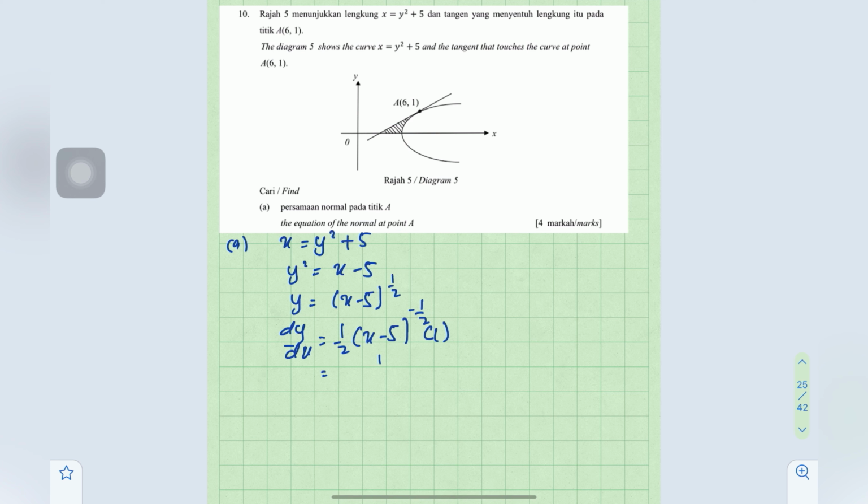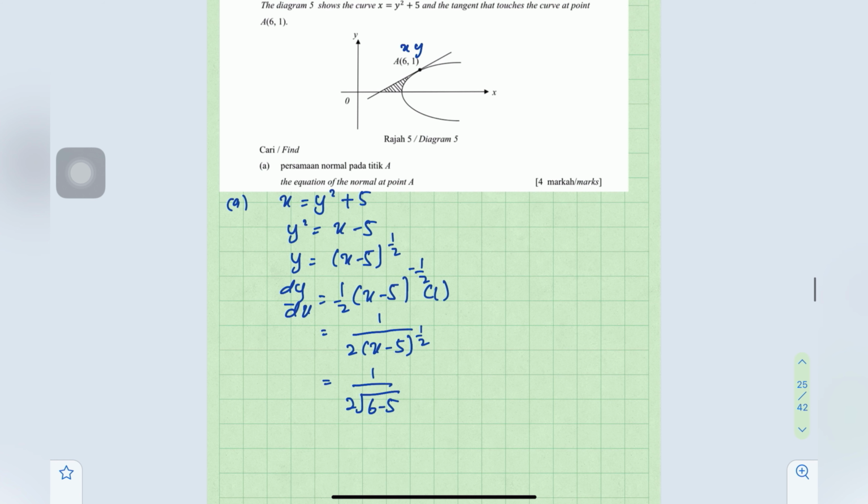So this gives 1/2 (x minus 5) power of 1 over 2, or square root. Okay, so then given x is 6. Substitute: 1 over 2 square root of 6 minus 5. So 6 minus 5 is 1. Square root 1 is 1. So the gradient of tangent dy/dx is 1 over 2.